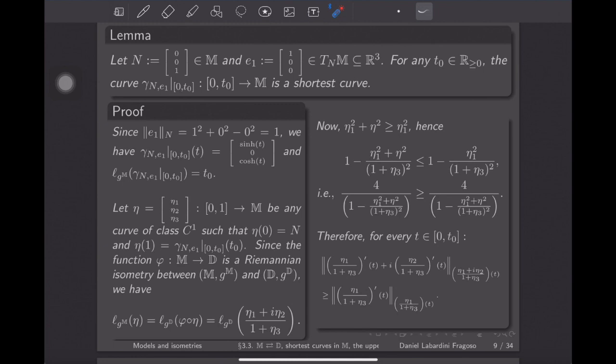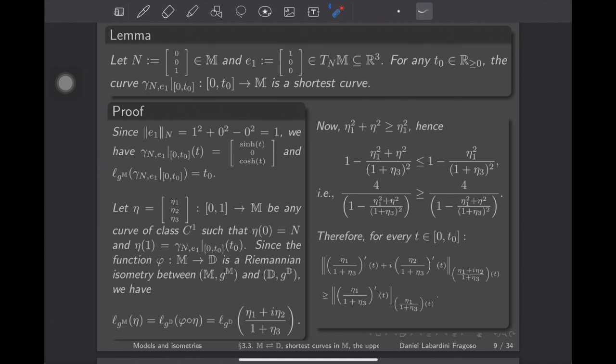Since I always have a 0 in the last coordinate, that tangent plane is actually sort of Euclidean. The others are not, but that one is.